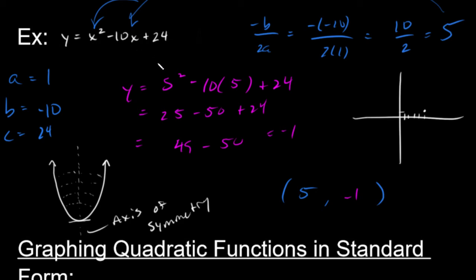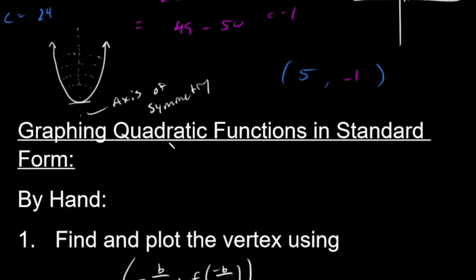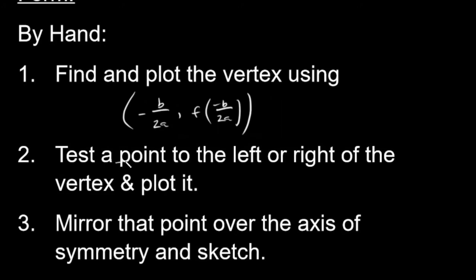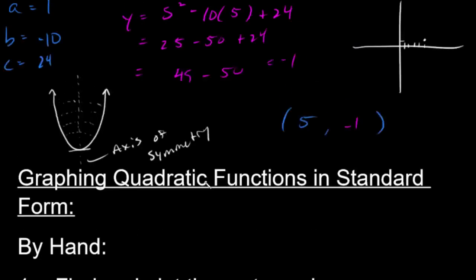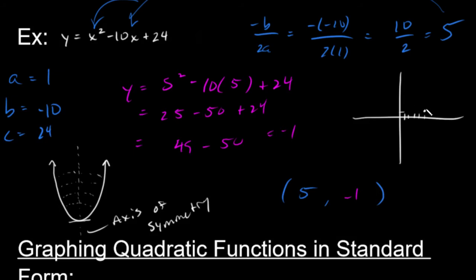So instead, you have to test a point to the left or right of the vertex and plot it. So if you look, this is 5 comma, wait, this is positive 1. What am I smoking? This is supposed to be negative 1.